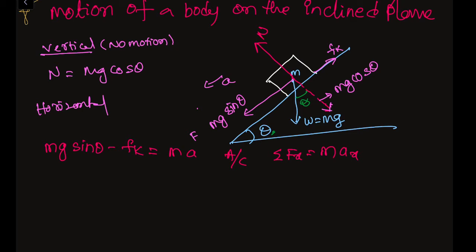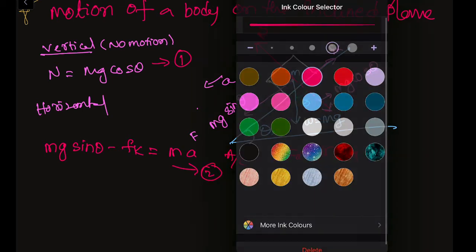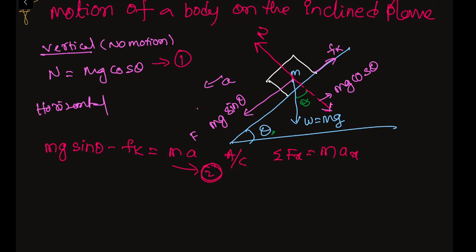So this is equation 1 and equation 2, children. We know that frictional force Fk is equal to mu k N. The formula is there: frictional force depends upon the normal force.